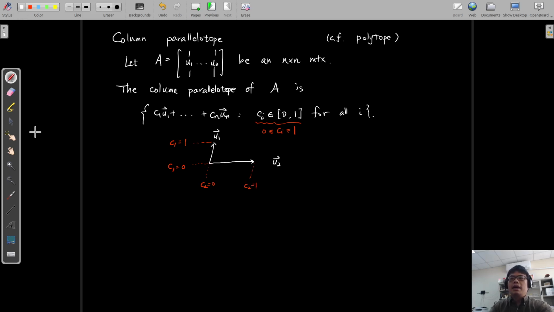So any linear combination using these coefficients will give you the origin, u1, u2, u1 plus u2, and everything in the middle. So in the case of two-dimensional things, you will get a parallelogram, including the boundary actually, all the things. This is called the column polytope, column parallelotope.